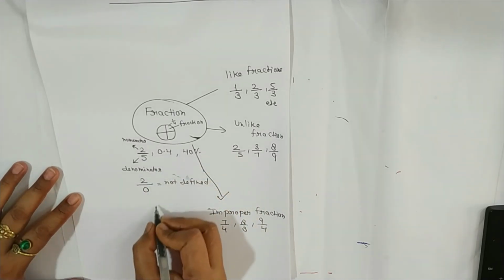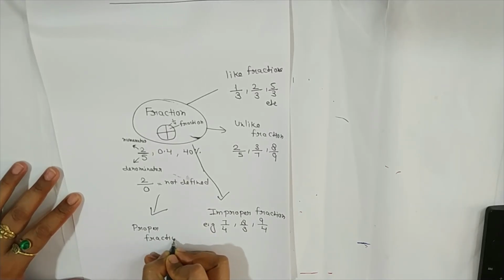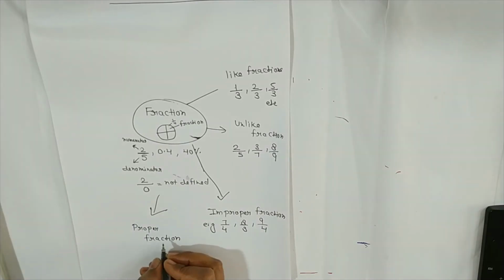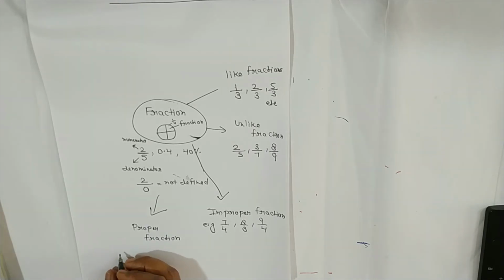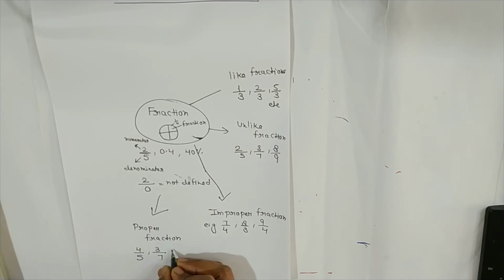Now proper fraction. Fractions in which the numerator is less than the denominator are known as proper fractions. Okay, so 4/5 in which numerator is less than the denominator, 3/7 and 6/11.